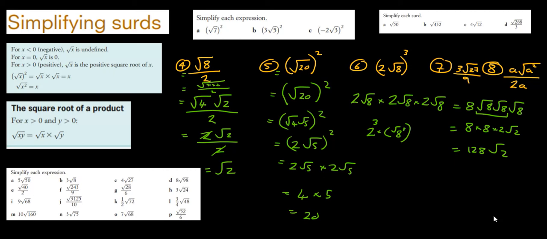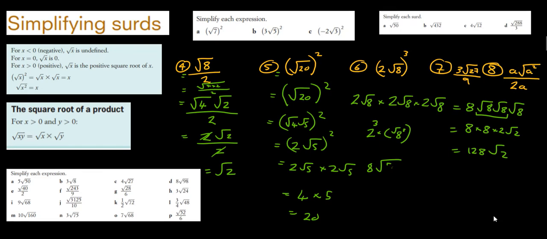We can do the same here. We can do 2 cubed, which is 8, and we can do root 8 cubed, which is root 512. Oops, 5, 1, 2, and we can simplify 512. We need to get a square number.